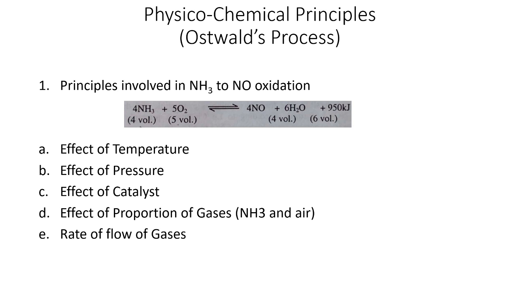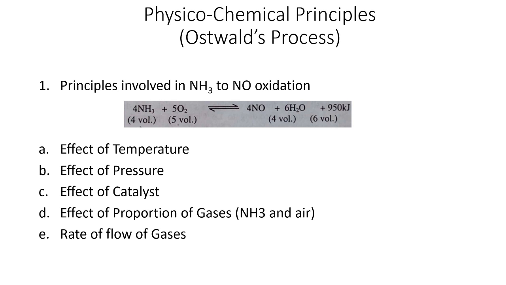So the input gases and output gases flow should be controlled. Okay, so in the reactor all ammonia should get oxidized at once, otherwise a second reaction between unused ammonia and nitric oxide produced in the main reaction may take place. So that is the problem.